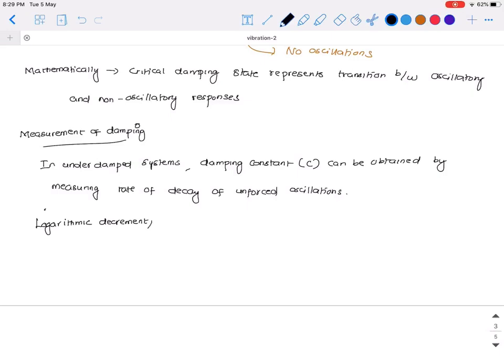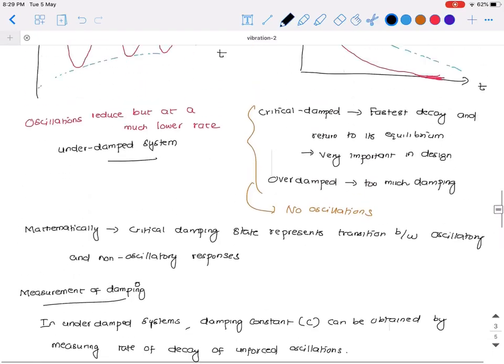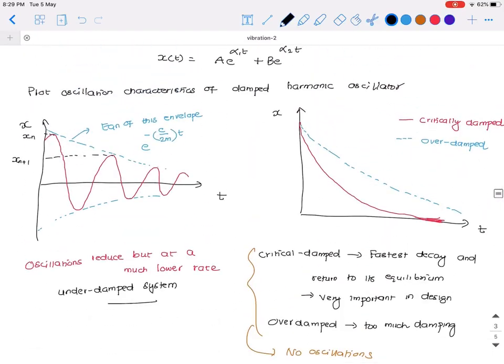Okay, given by d, which is the natural logarithm of two consecutive amplitudes. Okay, so xn and xn plus 1 are defined in this figure. You see that xn represents the peak amplitude of cycle 1 and xn plus 1 represents the peak amplitude of the next cycle.